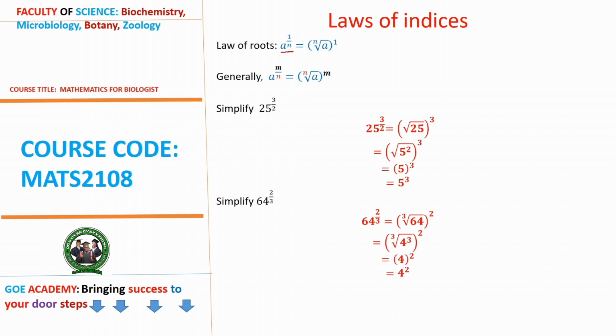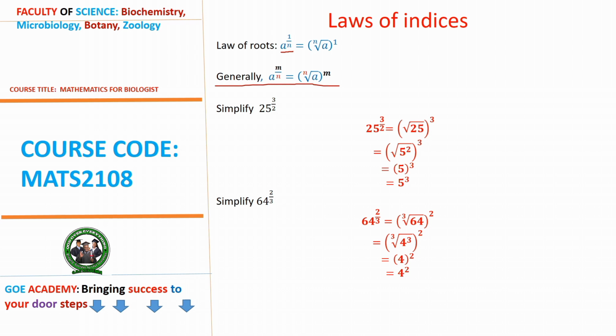But this is not actually the general form of the law. Let's look at the general form of the law. Generally, if we have a raised to the power m divided by n, then it's going to simplify to the nth root of a, all of that raised to the power m. This is the general form of the law.